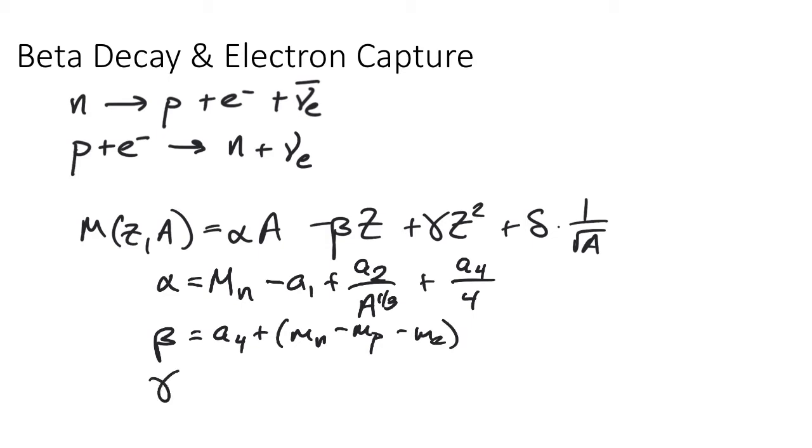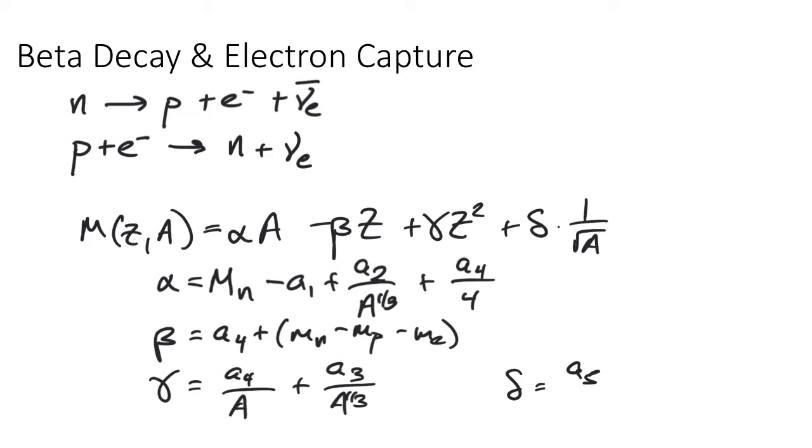The gamma term is the asymmetry term A4 over A plus the Coulomb term A3 over A to the 1/3. And finally, the delta parameter is just the pairing parameter, A5.